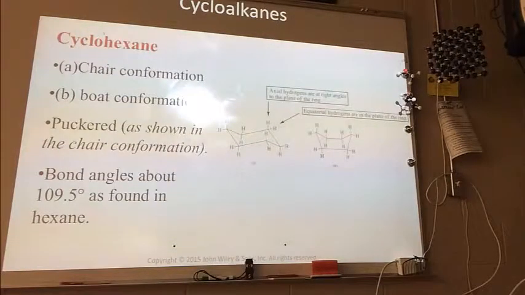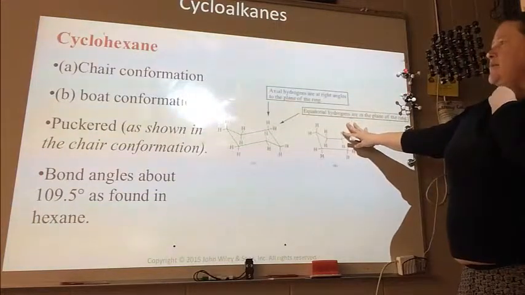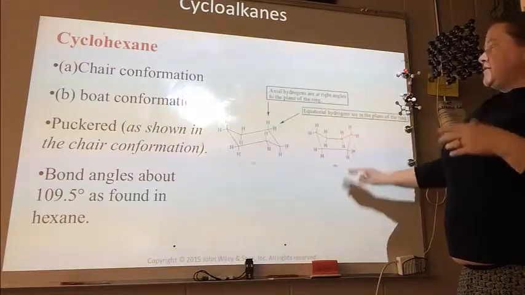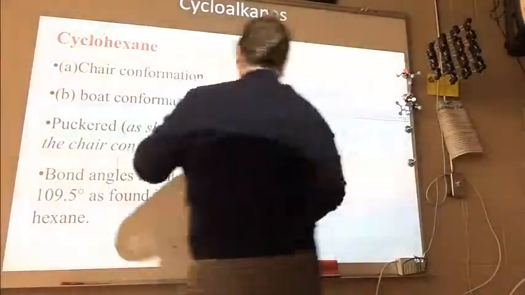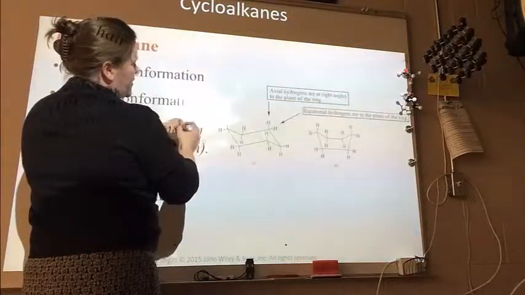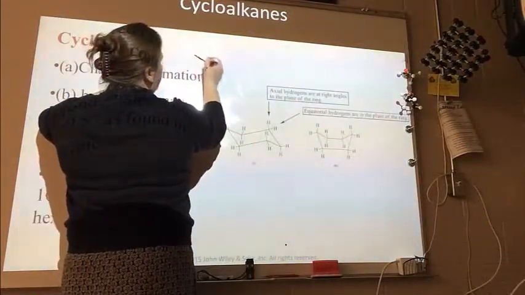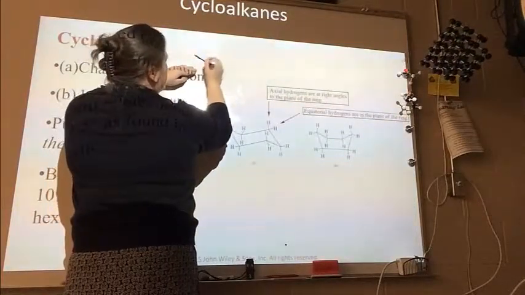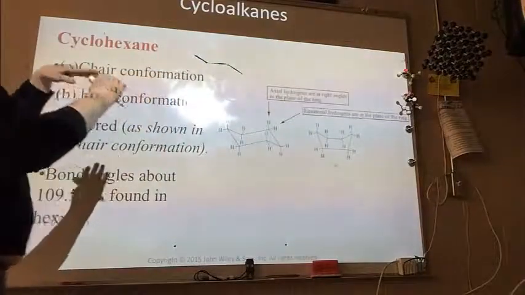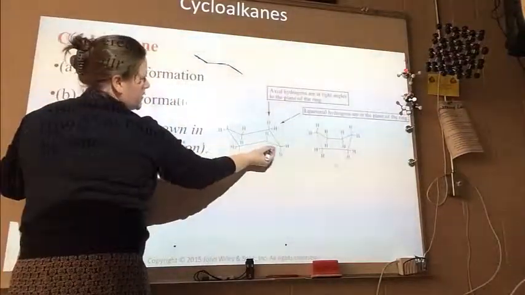Cyclohexane, there are 2 ways that cyclohexane can be built. One is called a chair conformation, and if you build it and were able to put the molecule up, you would have one part of the molecule tipped up like this, one sitting flat, and one going down. That would be like looking at a side view, and that's what this is supposed to indicate.